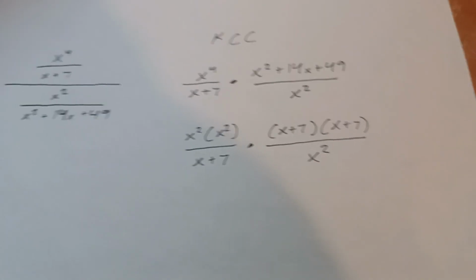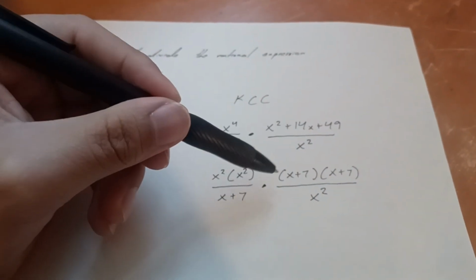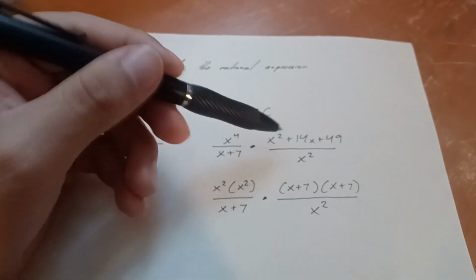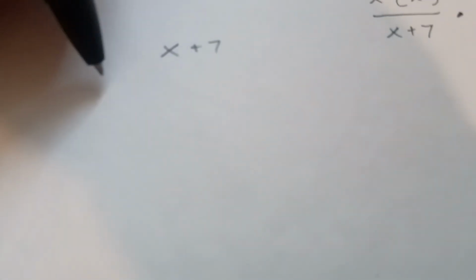Just like that. So how did this factor into this? If you multiply these two together, you're going to get this. I'll show you right now, real quick. So it's x plus 7 times x plus 7. So x times x is x squared.